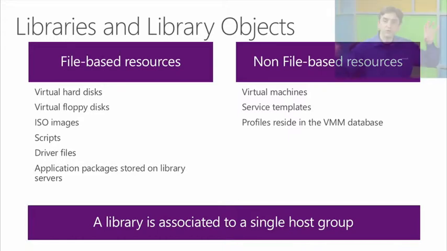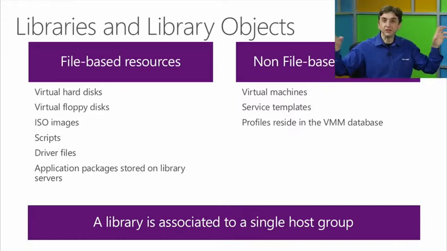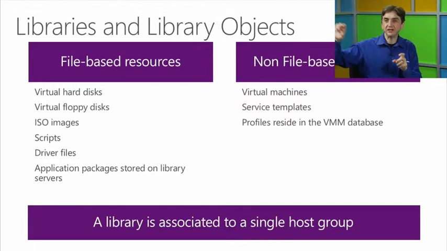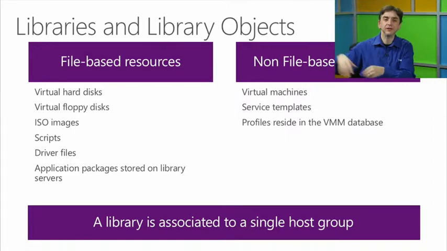Well, I could have an equivalent VHD object between those two libraries, so that if I deploy the service and it needs that type of VHD, it'll get it when it's deploying to production. It'll use the production VHD file, and it'll have all that hardening that was necessary inside of there. But when it does it in development, it won't have that hardening because it'll use the development VHD file.